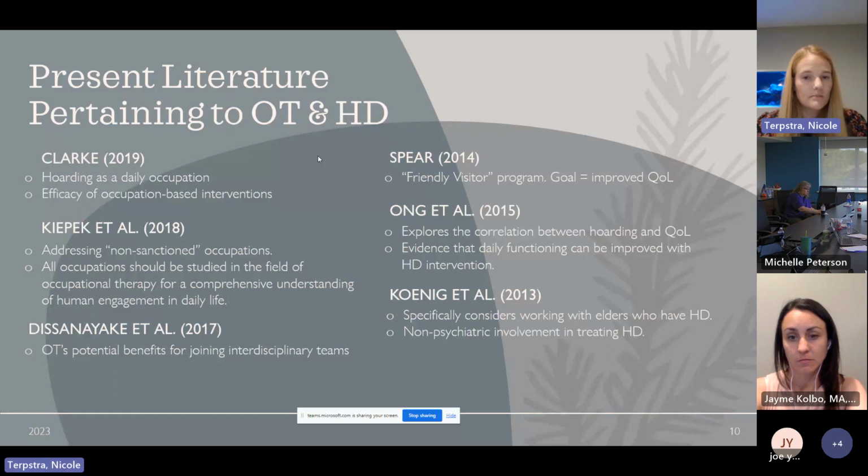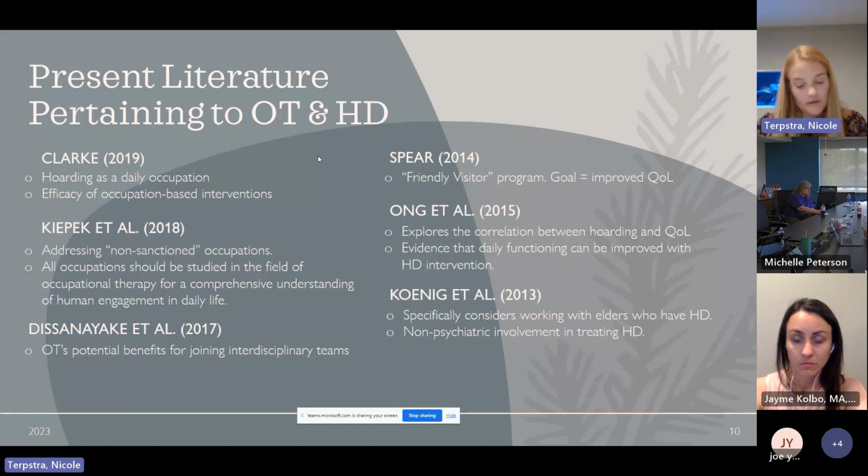Also, another point that I would like to share is from that second article by Kaipik et al. In their article, they discussed non-sanctioned occupations. This research defined non-sanctioned occupations as occupations that tend to be viewed as unhealthy, illegal, immoral, abnormal, undesired, unacceptable, and or inappropriate in a society's history and culture.